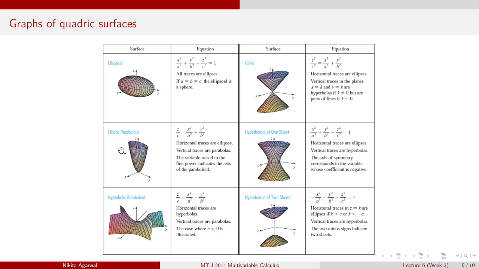That is why it's called an elliptic paraboloid, because one type of traces are ellipses and the other type of traces are parabolas. So the names are because of the kinds of traces that you see, okay? And a cone is called a cone because it looks like a cone.